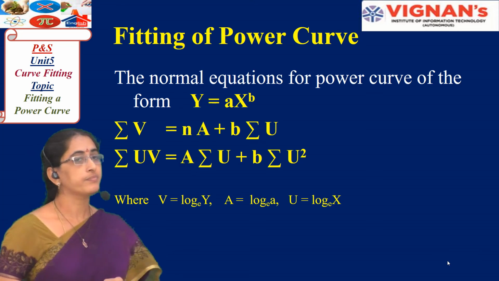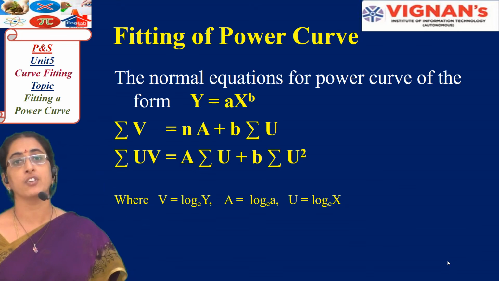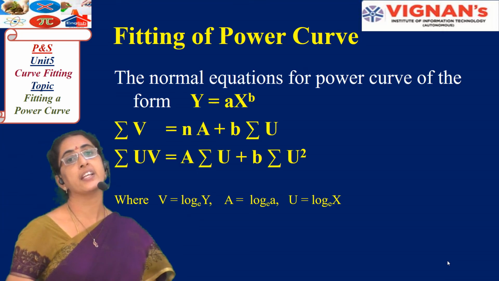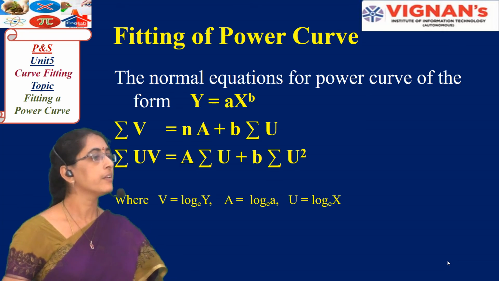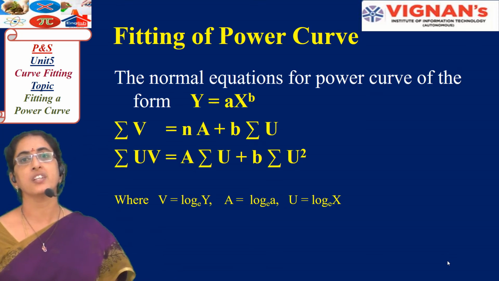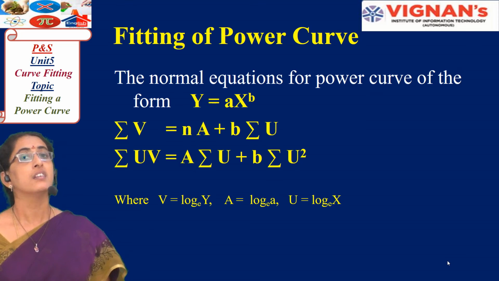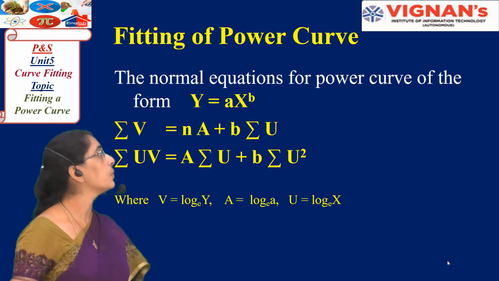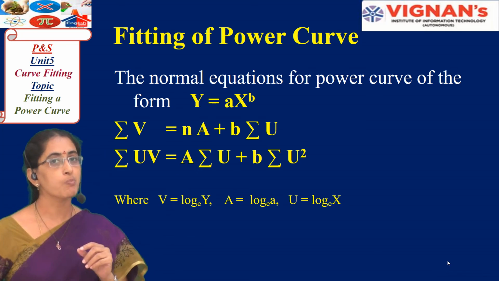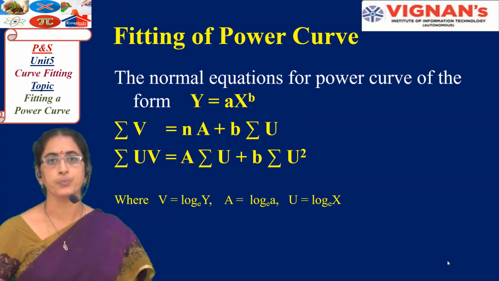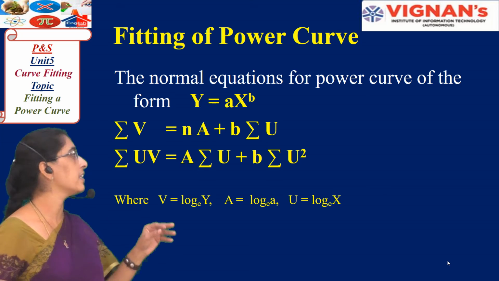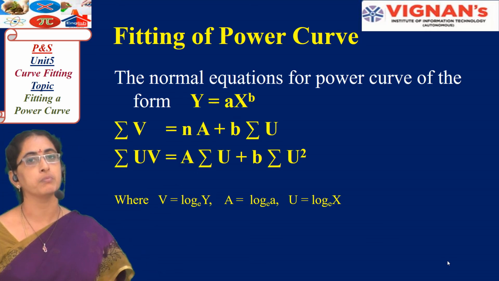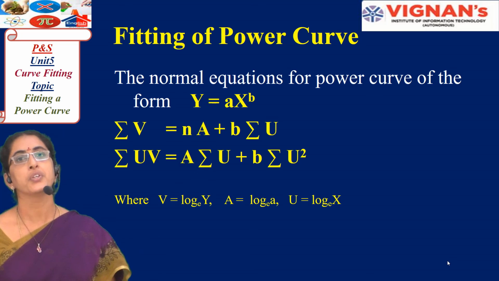Okay. Then the last curve is the fitting of a power curve. The power curve equation is given by y equal to a into x power b. For this also we have to take the logarithm on both sides. Then the two normal equations will be summation v equal to n into capital A plus small b into summation u, and the second normal equation is summation uv equal to capital A into summation u plus small b into summation u square.